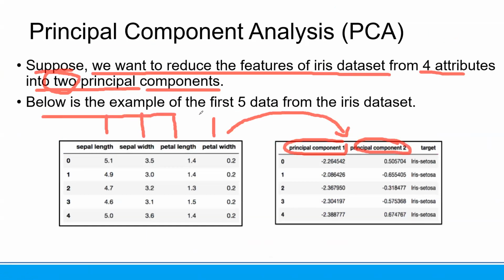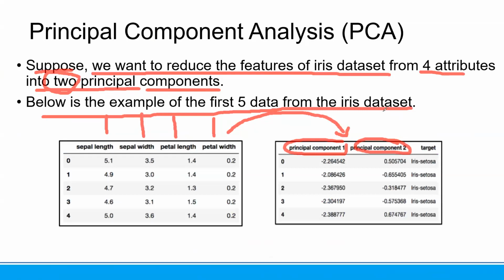Below is the example of the first 5 data from the iris dataset. You know that this iris data has the sepal length, sepal width, petal length, petal width, and this is in millimeters. So we can understand this one. But maybe 4 columns is too big. I want to reduce it into 2.